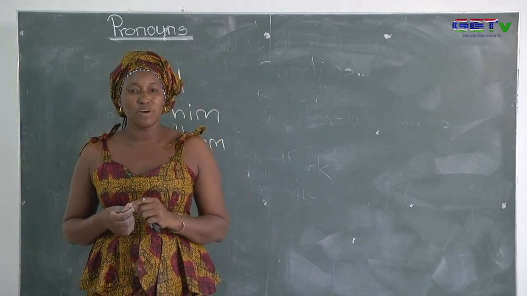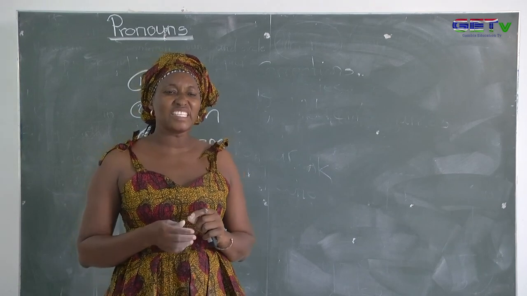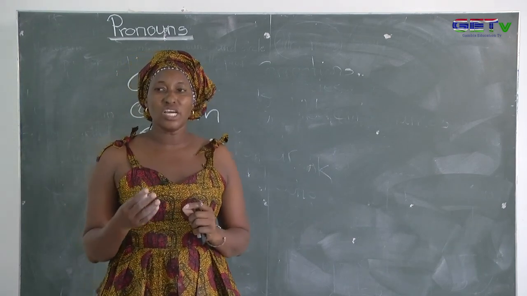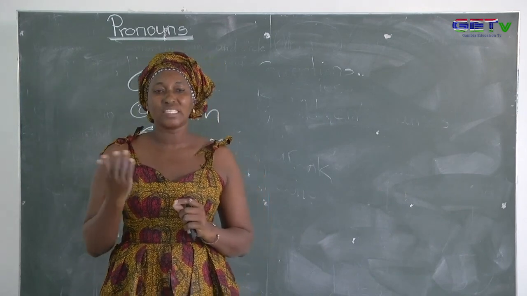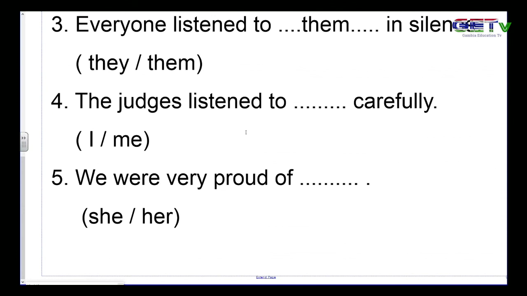We move to number 4. The judges listened to Das carefully. Something is missing in that sentence. Listen to the options. I, me. Choose the correct one.